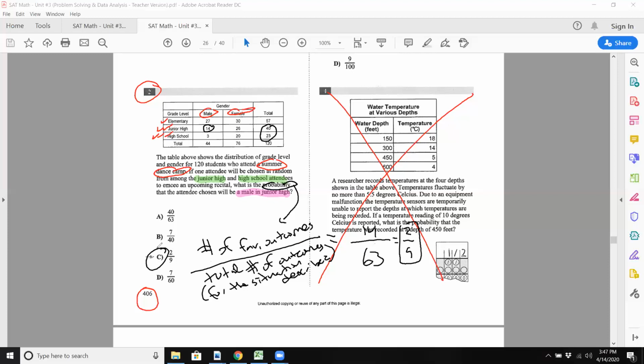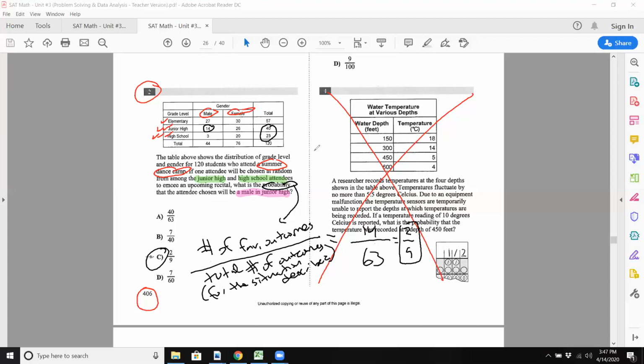They said that if you only choose from among junior high and high school attendees, so only 63 people you're looking at, of those 63 people, how many would be a boy and in junior high? So it's got to be both a boy and junior high. And according to the table, I see there are 14 males who are in junior high, and so it's 14 out of 63. So it's not hard, you just have to read carefully.